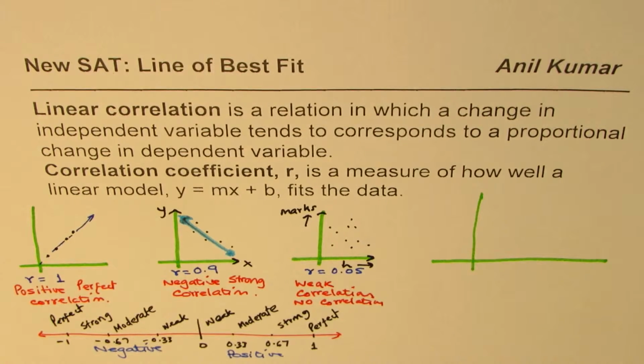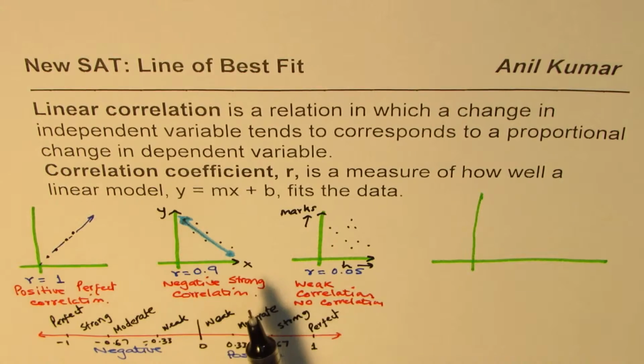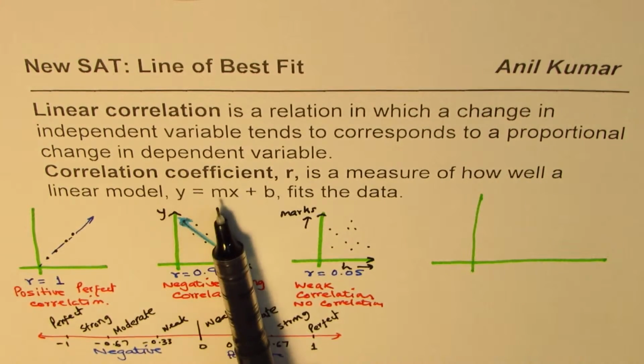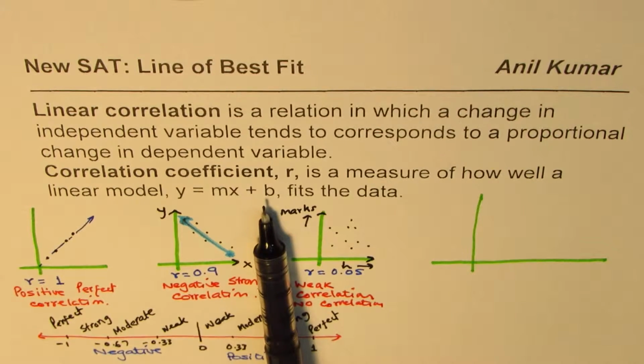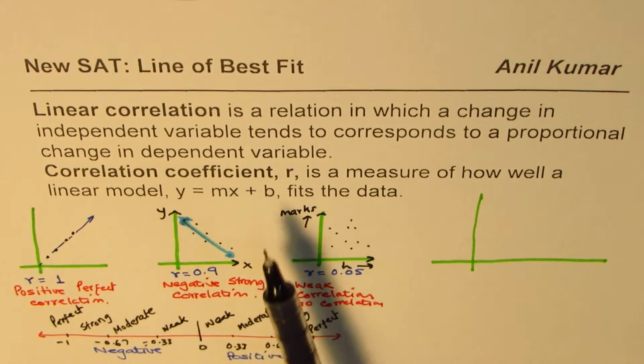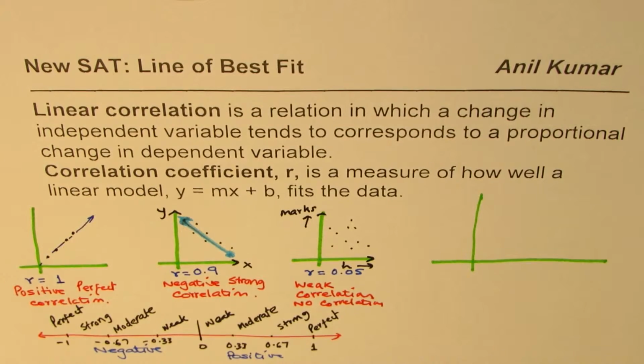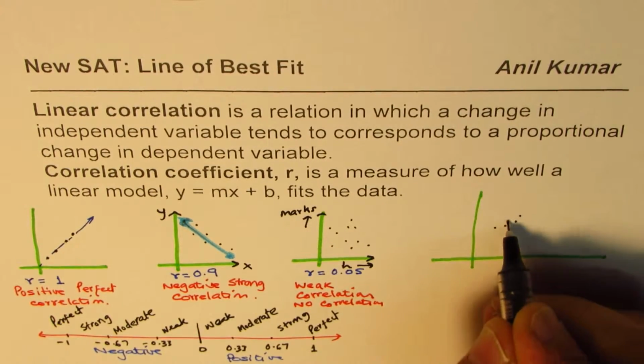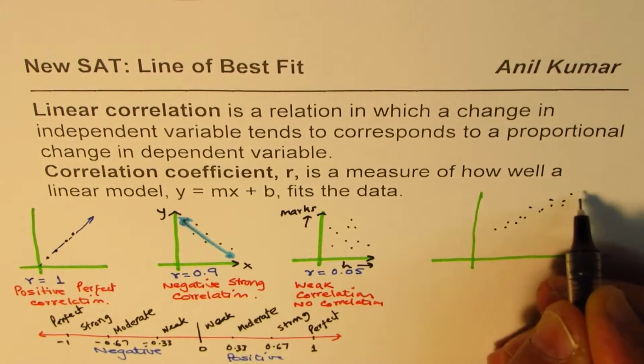So that is how you describe the correlation. Okay. So I hope you've learned the first part. That is, if you have a linear correlation, it could be represented with a model y equals mx plus b. And correlation coefficient actually tells you how strongly the equation represents the data, right? So I hope that part is clear to you. Now what I will do here is we'll just plot some points here. Okay, this is just random points.